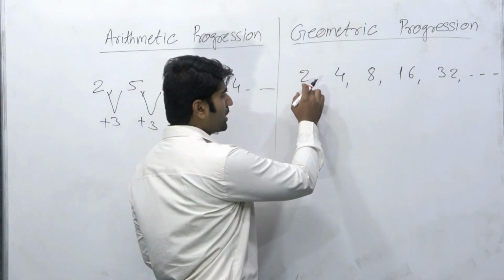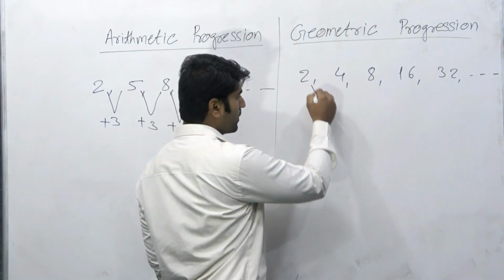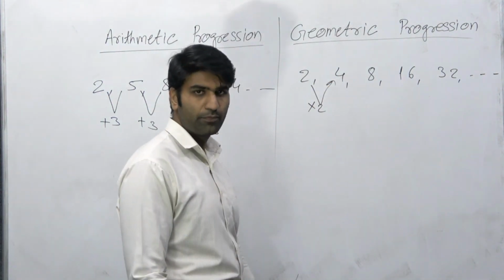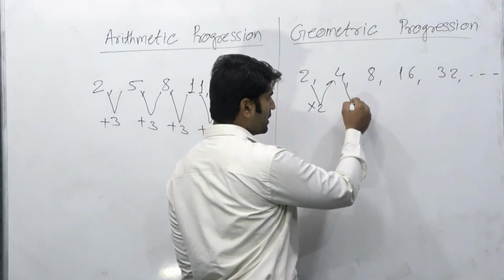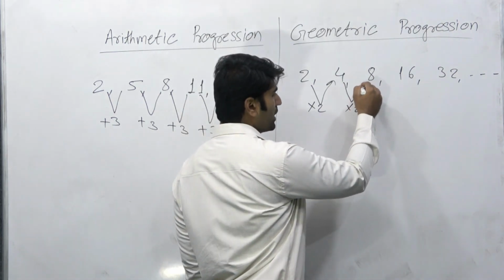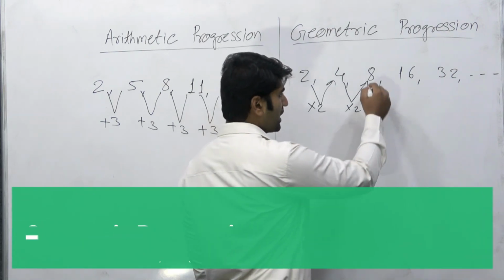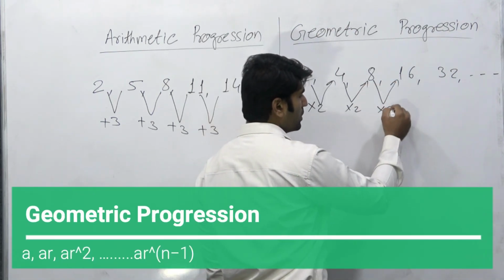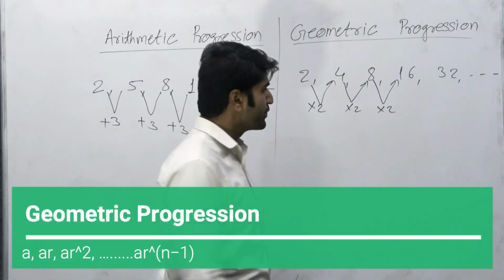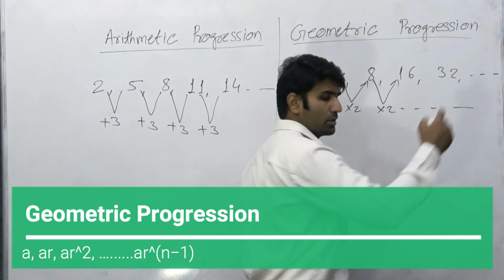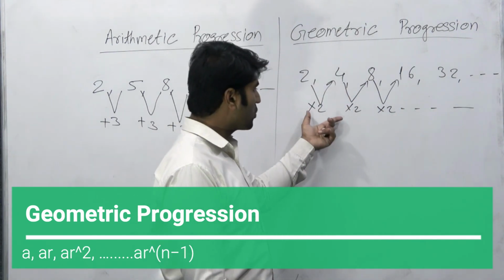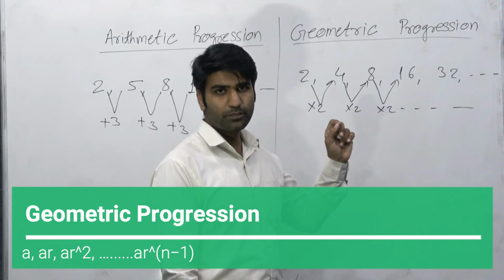Okay, if we multiply the first number with 2, then we get the second number. If we multiply this second number with 2, then we get the third number. If we multiply this third number with 2, then we get the next number. So it continues. Therefore, we call it a ratio.